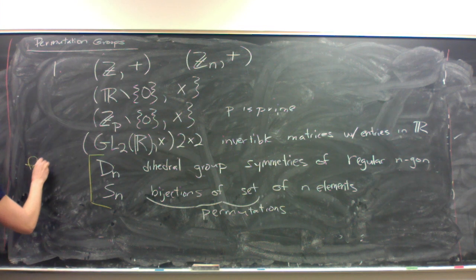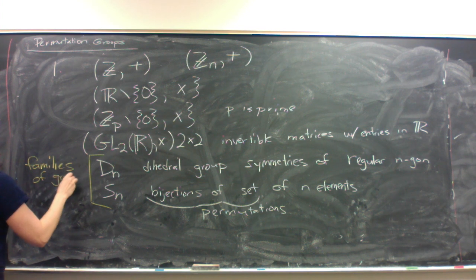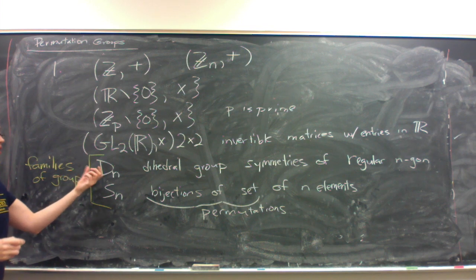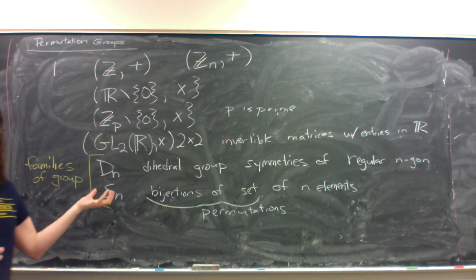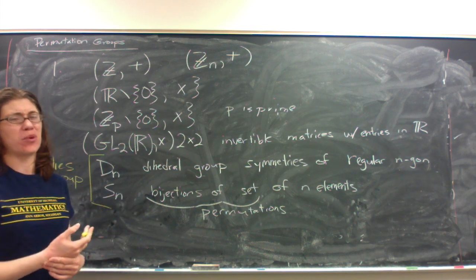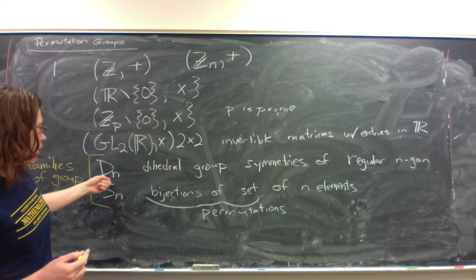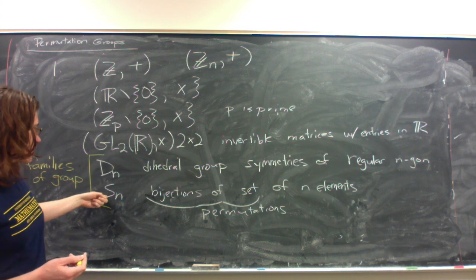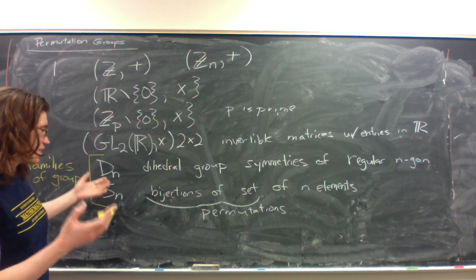And what I mean by families of groups is that there is one group for every natural number, maybe every natural number bigger than 2. D_1 doesn't necessarily make sense. S_1 is just the identity.